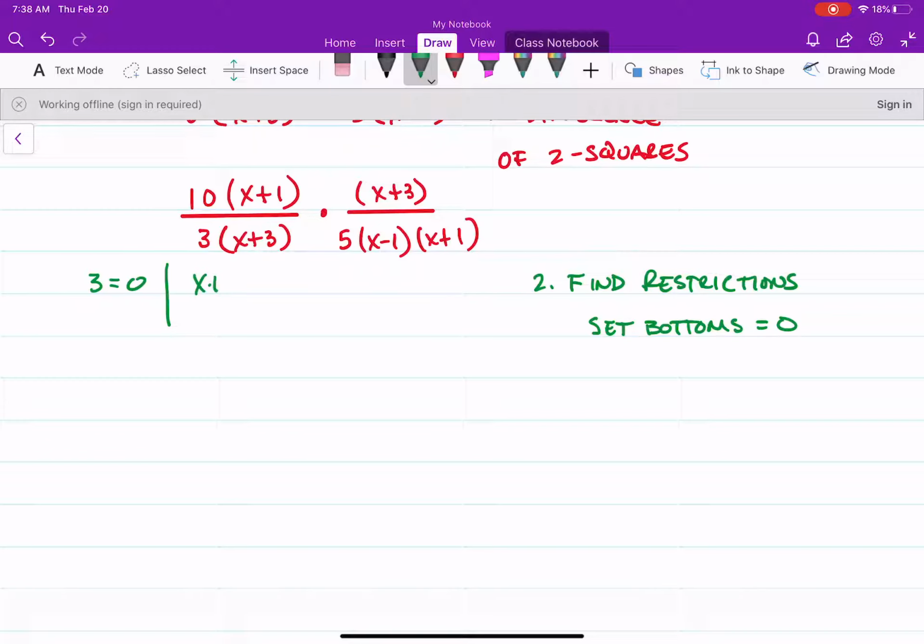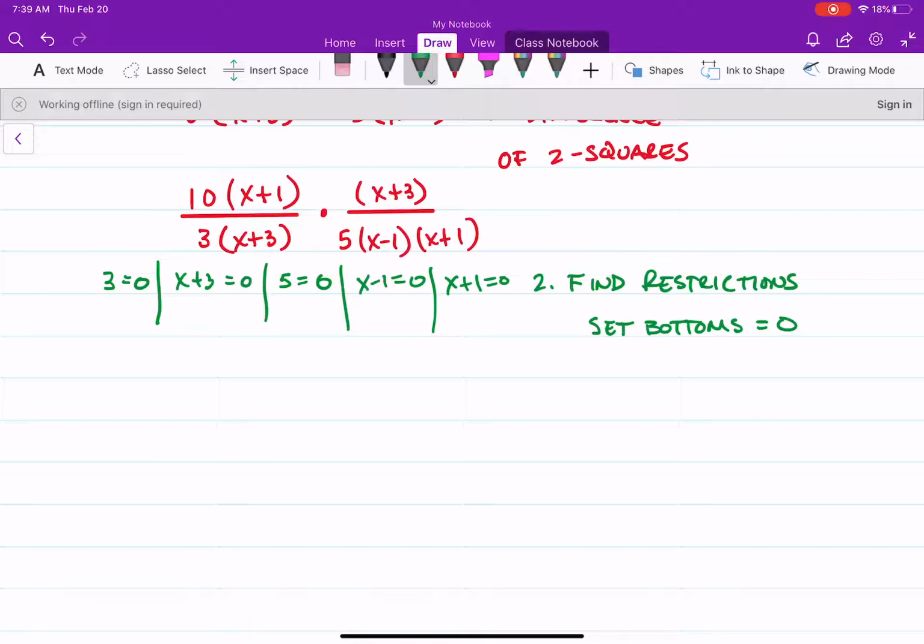We have x plus 3 equal to 0. We have 5 equal to 0. x minus 1 equal to 0. And I wrote it too big, so let's try that again. 3 equal to 0. x plus 3 equal to 0. 5 equal to 0. x minus 1 equal to 0. And x plus 1 equal to 0.